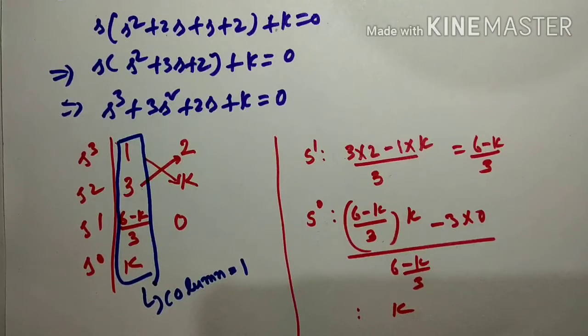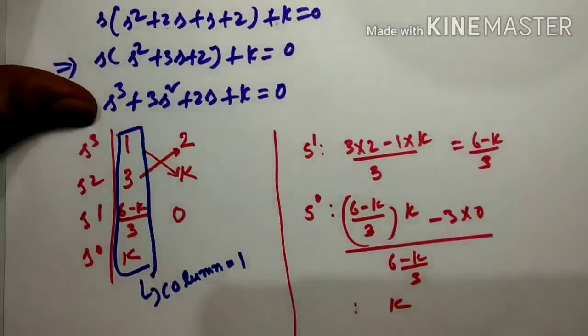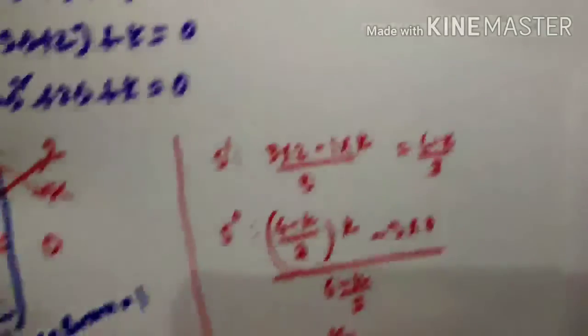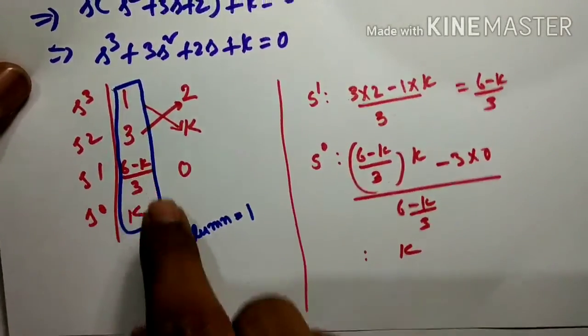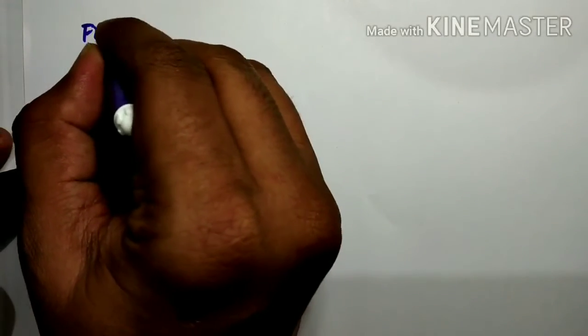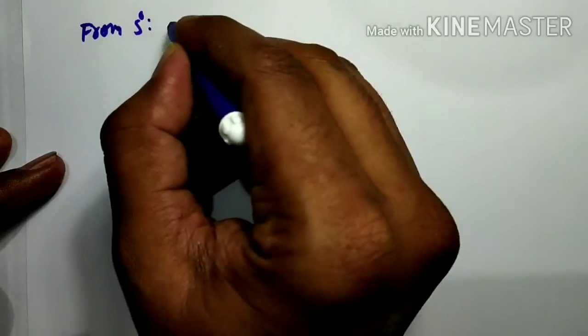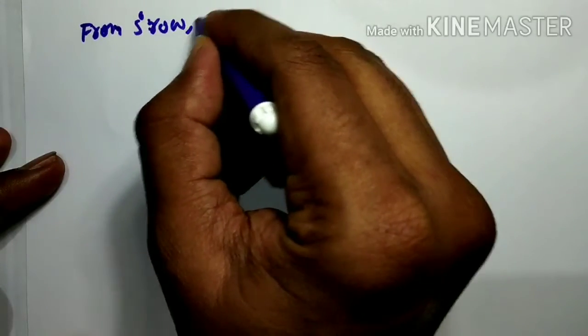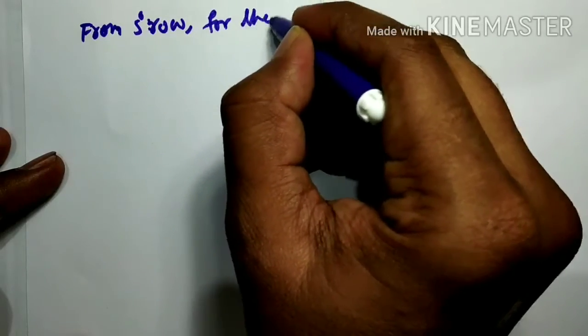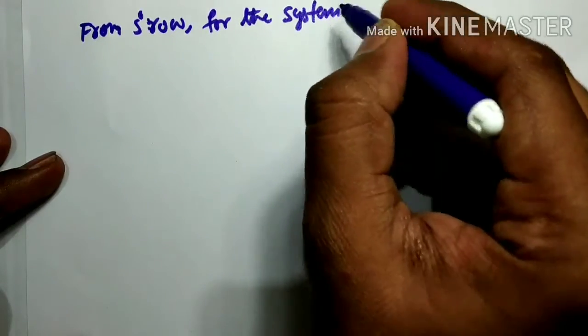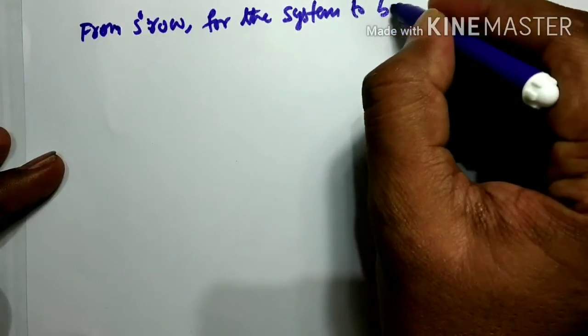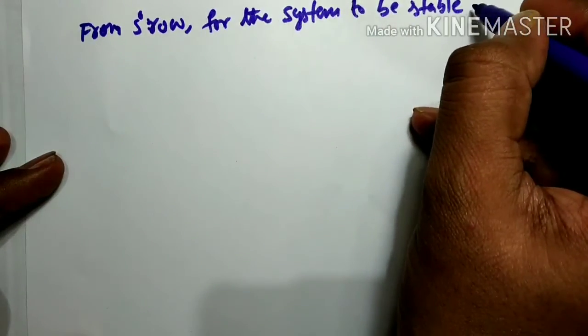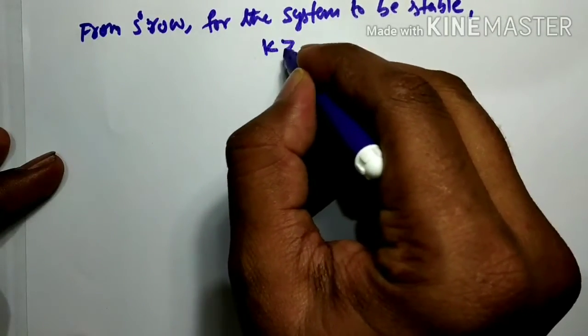So for the system to be stable, k greater than or equal to 0. From the s power 0 row, for the system to be stable, k greater than 0.